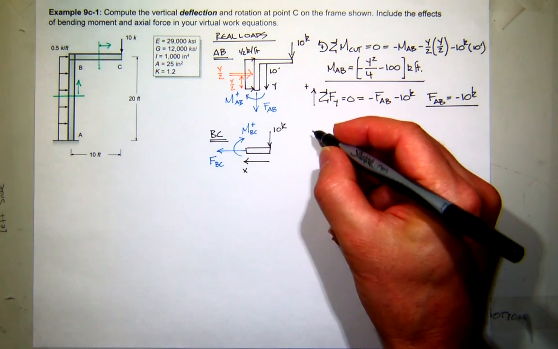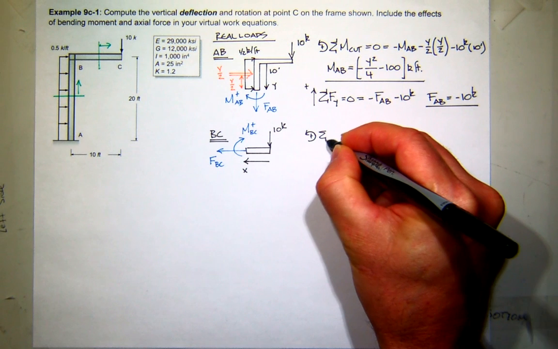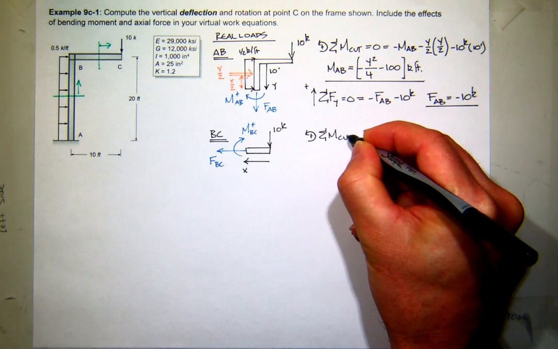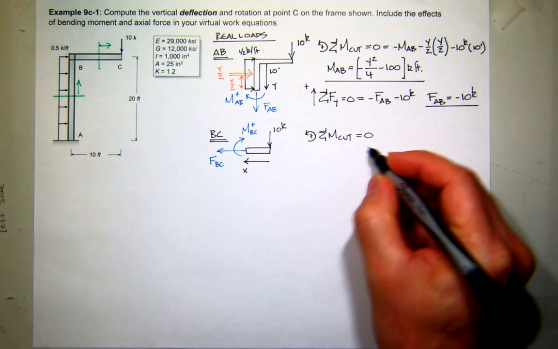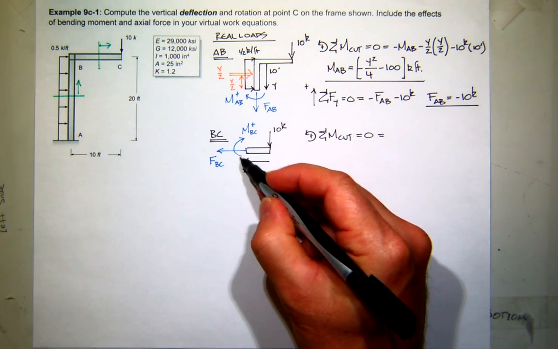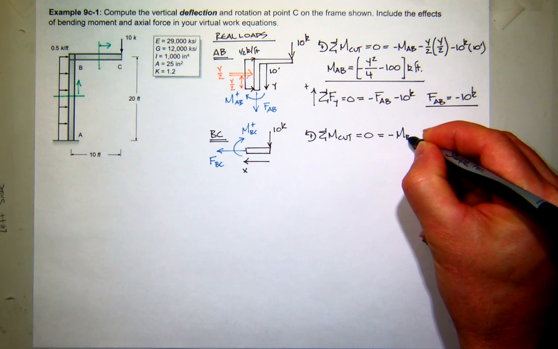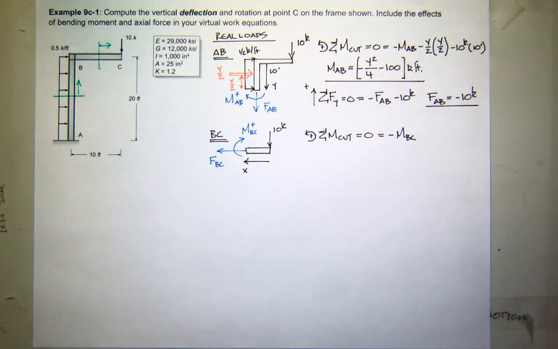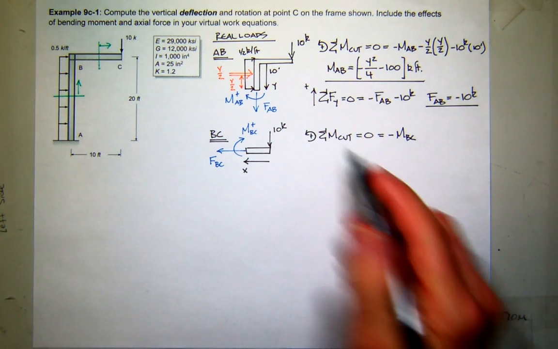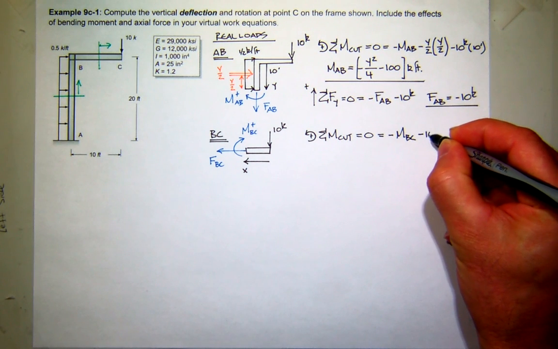So now, let's make sure it's in equilibrium. I'll sum my moments about that cut that I made. And then what do I have? Well, this moment with my sign convention is negative. The 10 kip force about the cut creates negative moment.